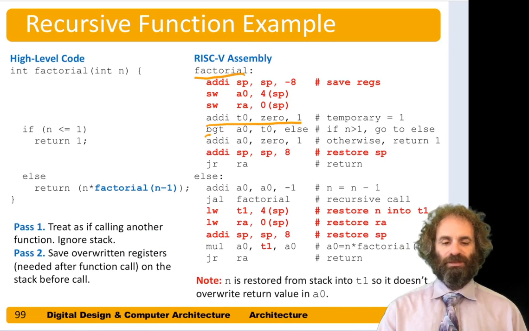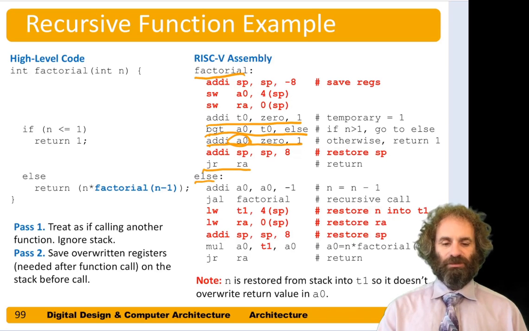So we're interested in less than or equal to, so we'll do a branch on greater than. If n is greater than 1, we'll go to else. Otherwise, we want to do the body. And the body is addi A0, 0, 1. We'll put a 1 into our return register, A0, and we'll jump back to the return address.